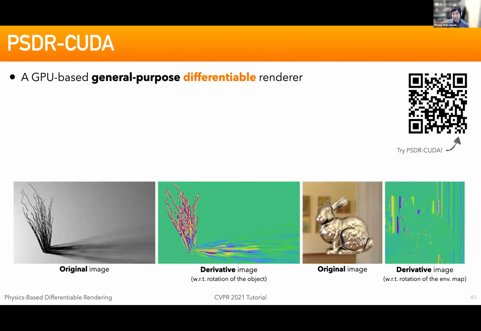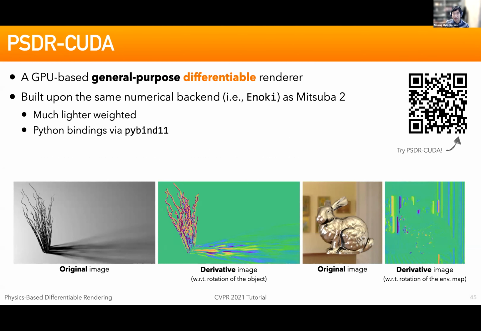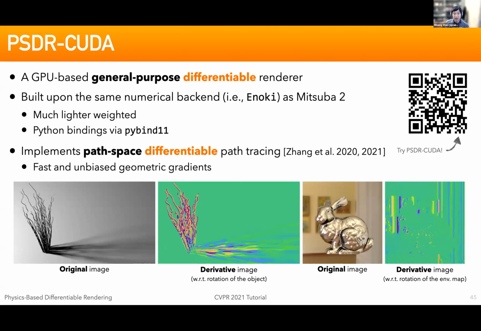So what we have been doing in our group is to develop a lighter weight general purpose differentiable renderer. We call it PSDR CUDA. Actually, the one example that Yannis showed earlier uses this renderer. It's built upon the same numerical backend as Mitsuba 2, the Enoki backend that can do efficient automatic differentiation and so on. And it also implements the path-based methods that I described when showing the CPU-based results.